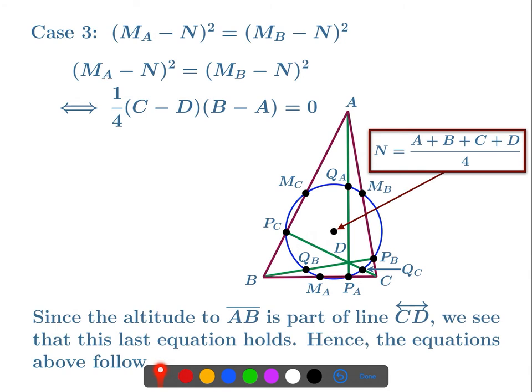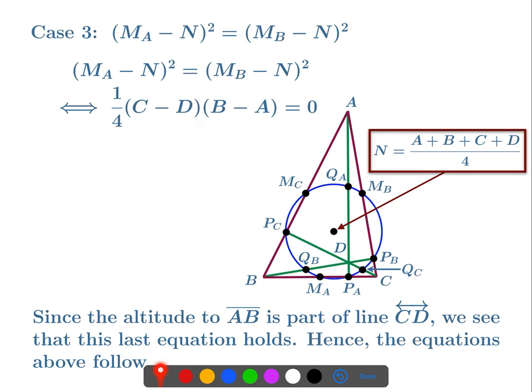And just to clarify, this is what I said the justification was on this last step, that AB is perpendicular to the altitude, so perpendicular to the line then going through C and D, and that's giving us that this last part is true.